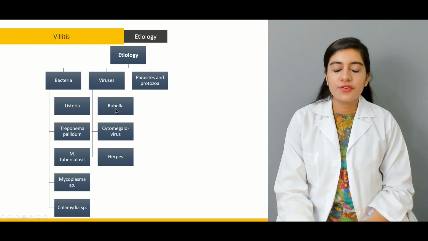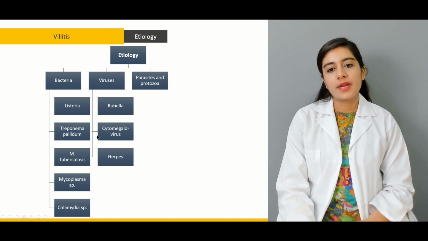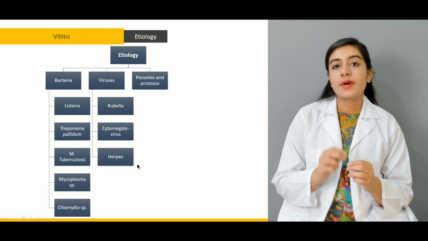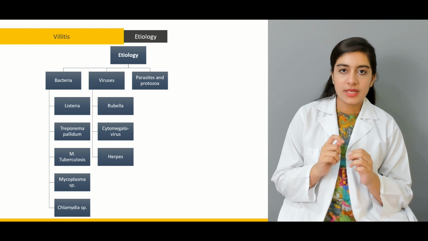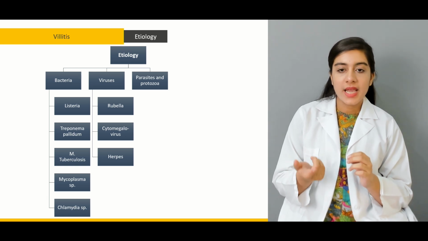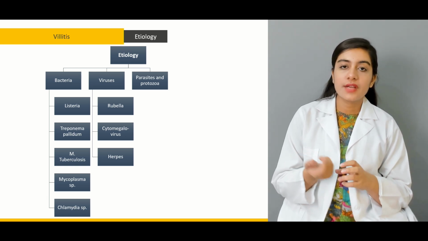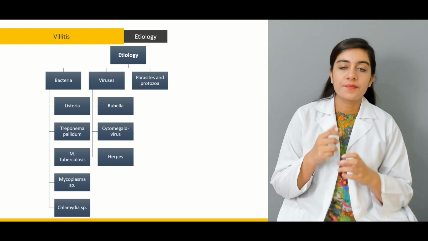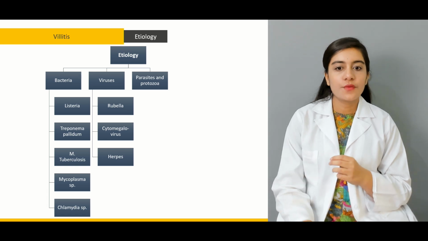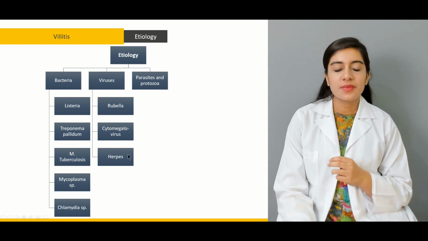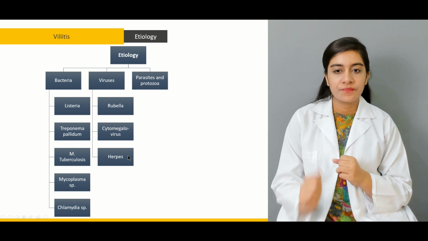Now these three, if you can see something common in them, they are part of the TORCH agents. TORCH agents are the ones that infect the fetus in the most dangerous ways. The one missing from them is Toxoplasma.